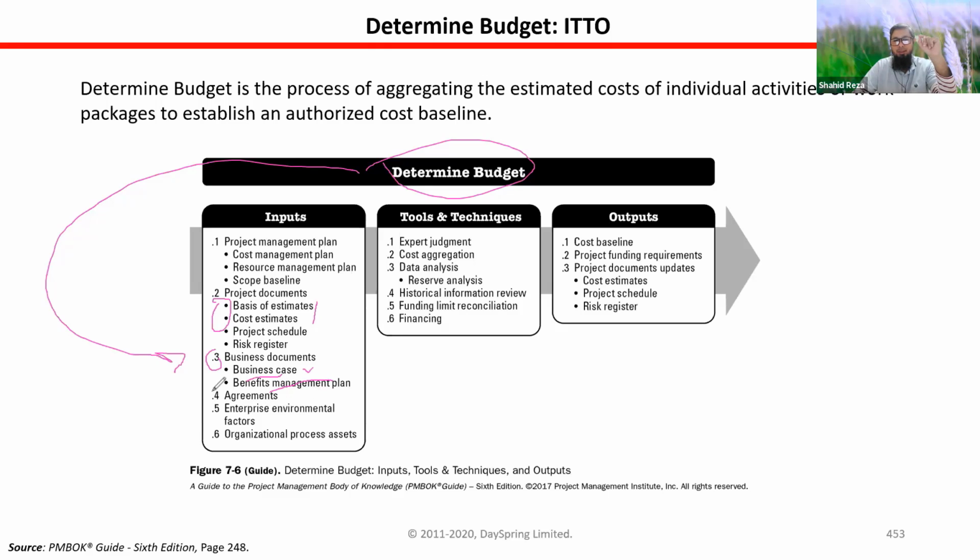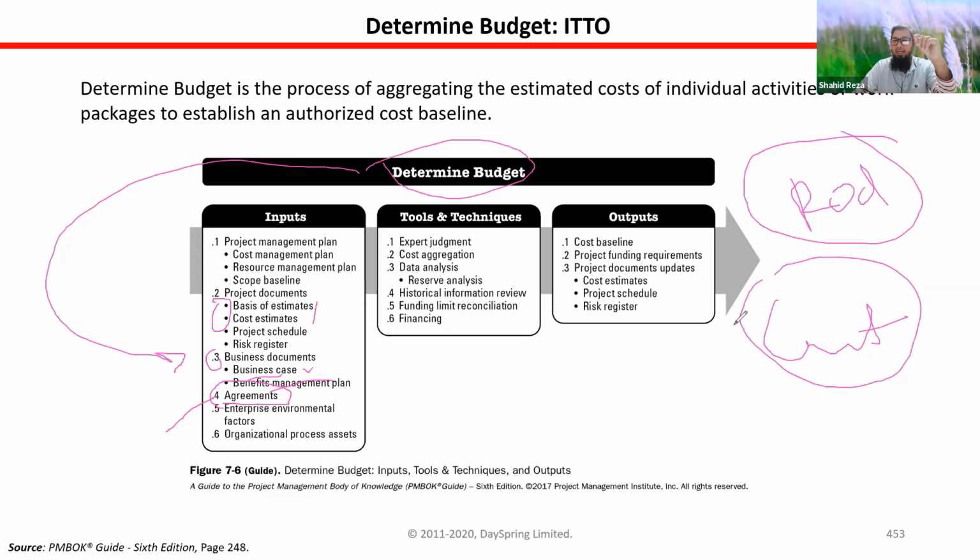All right. Number four is agreements. That means, say my earlier example, rod. You will not create rods, or you will not make rod. So you will purchase rod from some vendors, right? You will purchase cement from other vendors.